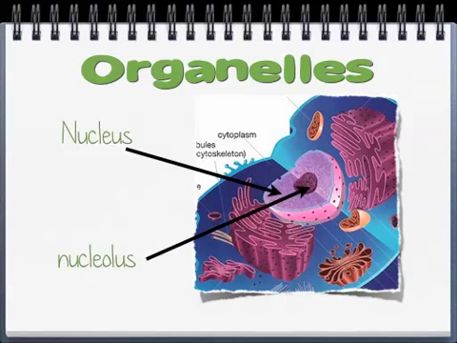Functions of the organelles. The nucleus, which we consider the brain of the cell, controls all cell activities, also holds the genetic material of the cell, so the DNA is inside the nucleus. Nucleolus, that's that purple dot you see in there, that's inside the nucleus, and its job is to make ribosomes.